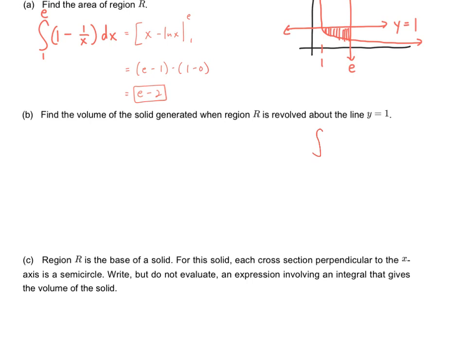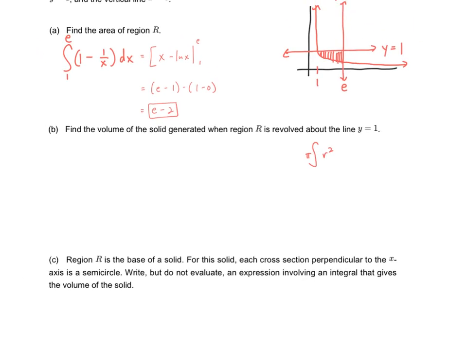Remember, we'll do pi r squared, and there are no gaps between the line you're rotating around and the area, so this will be the disk method: integrating pi r squared from a to b. This will be dx or dy depending.